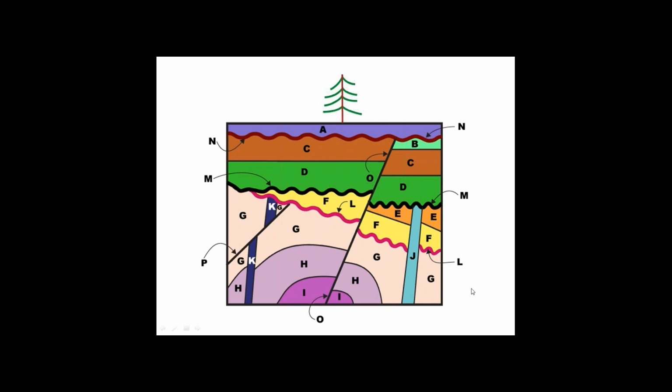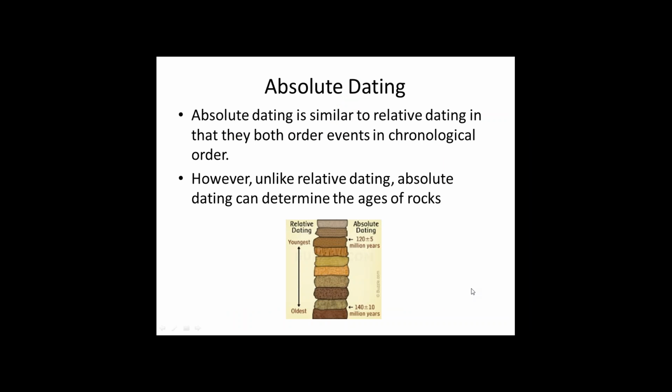Alright, cool. So now we're going to talk about absolute dating. Absolute dating is similar to relative dating in that they both order events in chronological order. However, unlike relative dating, absolute dating can determine the ages of rocks. In this picture, you can see on the left for relative dating, it just gives you an approximate, like this one's the youngest and this one's the oldest, whereas absolute dating can give you the exact age.